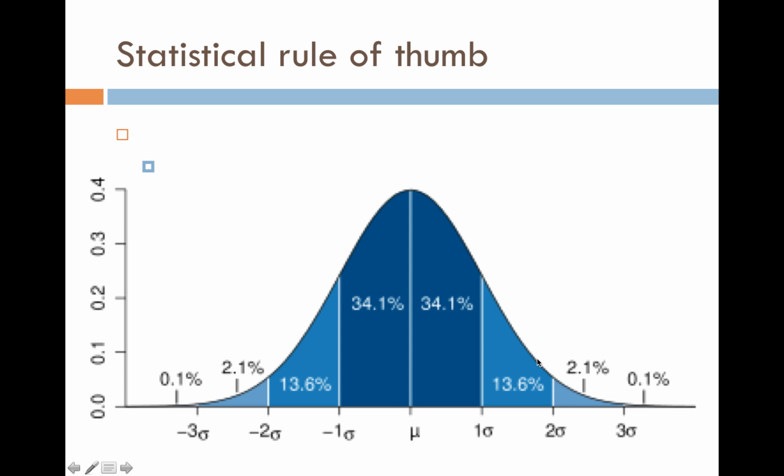This way is going out 2 standard deviations from the mean. And the same on this side. So again, our standard deviation is 6.48. And then we had 3.52.